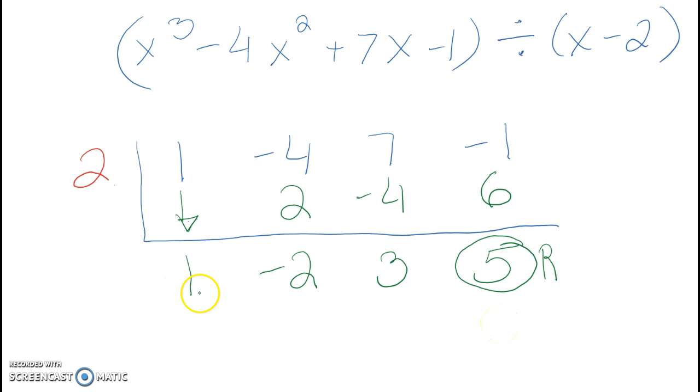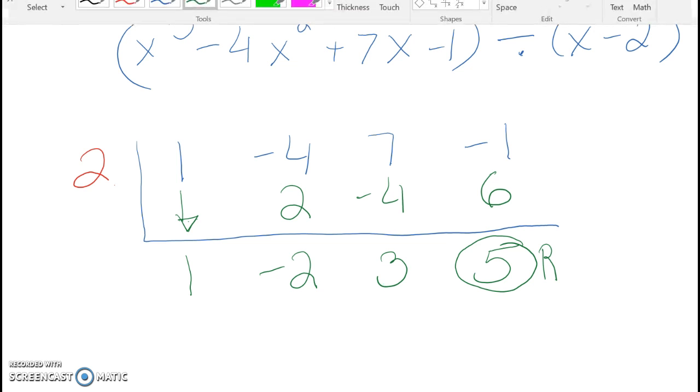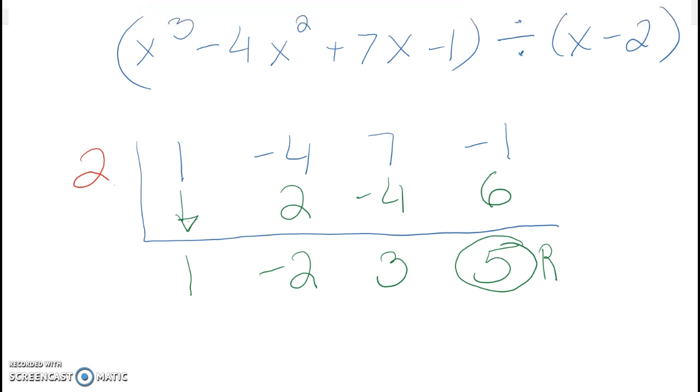And the other terms are always the coefficients of the quotient, which begin with a variable with degree 1 less than the one we started with.